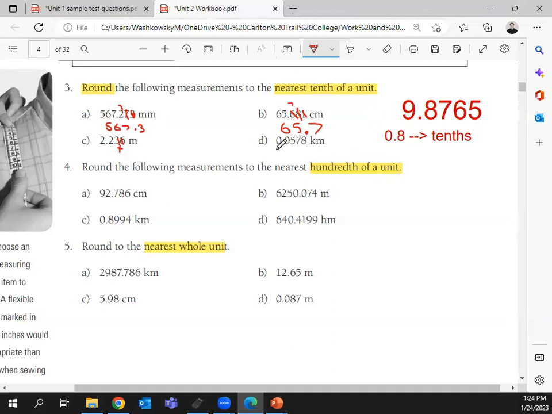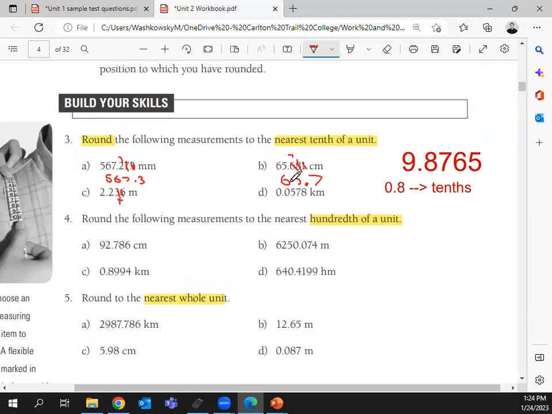And then this question here, question D. 0.0578. What would that one be, Kim? On page 80. Question D, yeah.